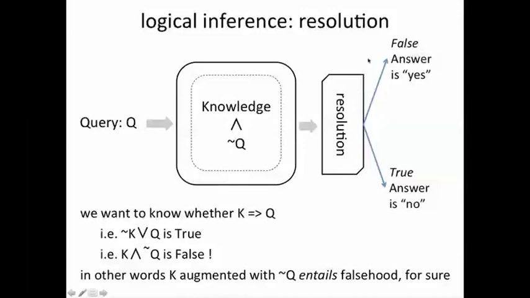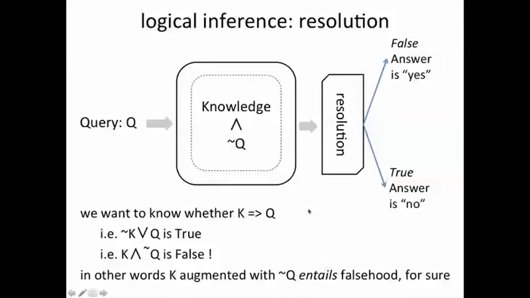If it answers false, that is that K and not Q results in a falsity, then the answer to my query is true. K does imply Q, as per this argument earlier. Along the way, we would also have figured out the right values for any missing variables in Q, and in the process answered our query.